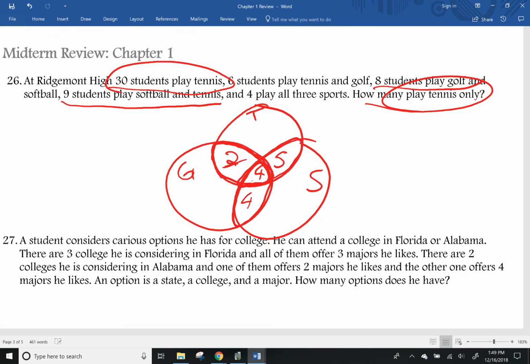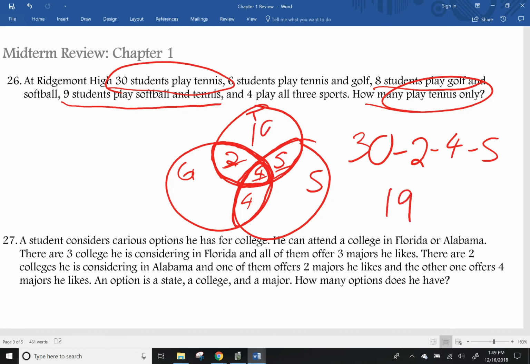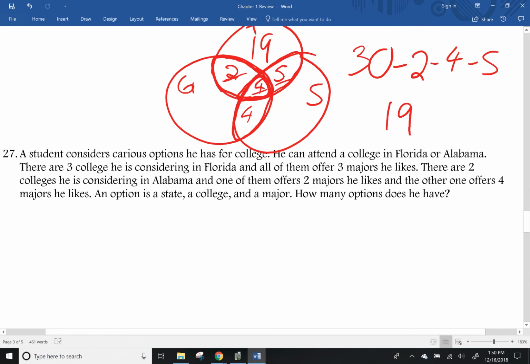I know 2 of them play this, 4 of them play that, 5 of them play that. So if there's 30 in total, we'll take 30 and subtract the 2, subtract the 4, and subtract the 5. And that, I believe, is 30 minus 11, so I believe it's 19. 19 play tennis only.